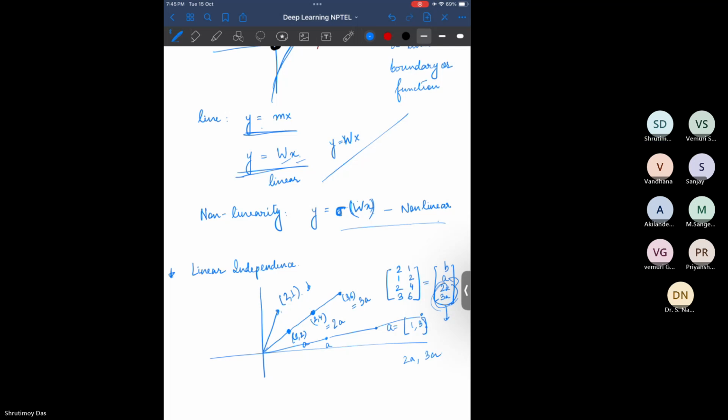On the other hand, if I change A to 1 comma 3, this point B does not change. It is linearly independent of A. That is the concept of linear dependence and independence. If I change a point and the other points do not depend on it, they are linearly independent, else they are linearly dependent.